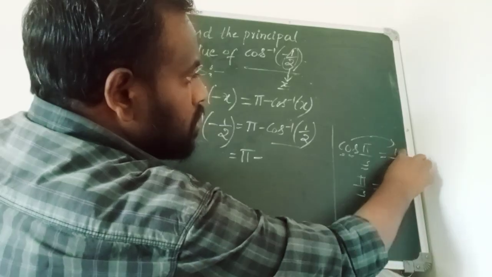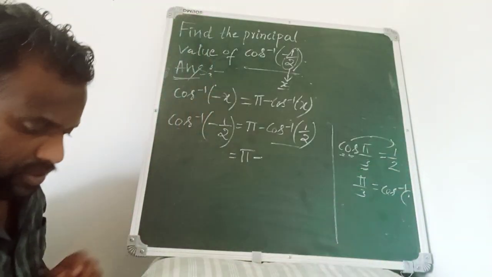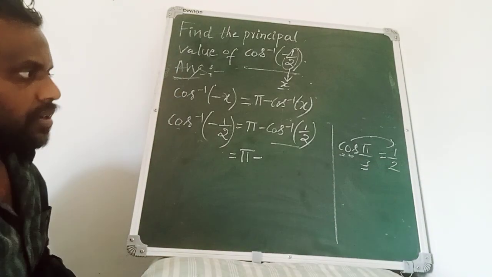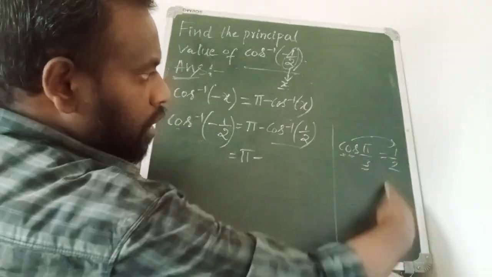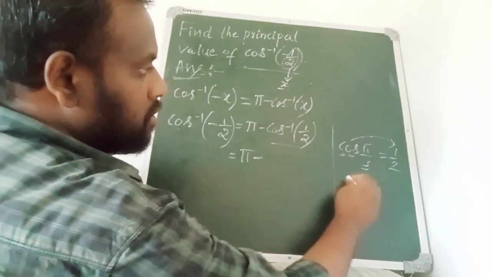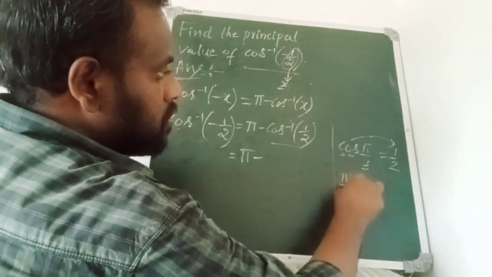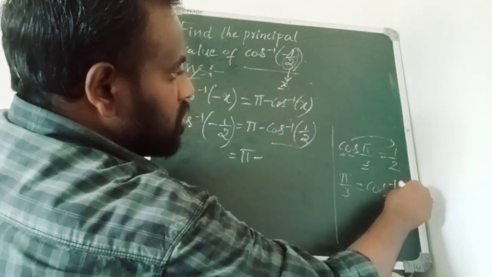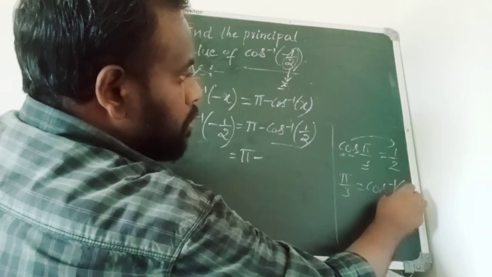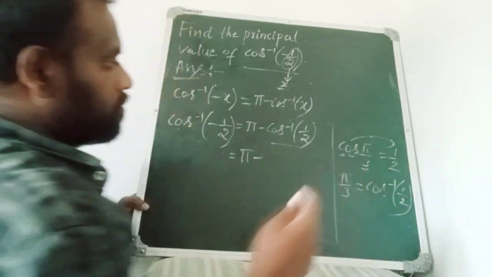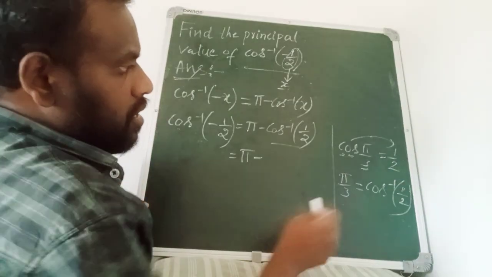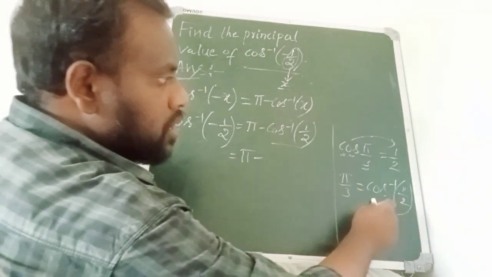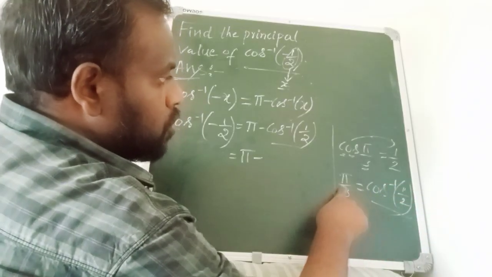So pi by 3 is equal to cos inverse of 1 by 2. So cos inverse of 1 by 2 is equal to pi by 3.